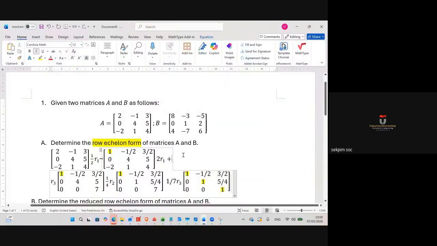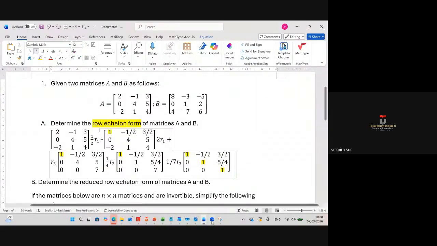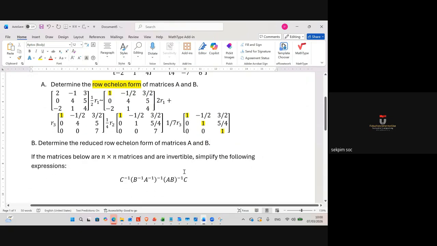Okay. And so please do the same thing. Please determine a row echelon form for matrix B by yourself at home. Okay. Next is to determine the reduced row echelon form. So this is not only row echelon form, but reduced row echelon form.